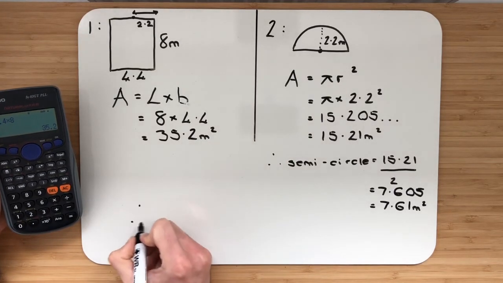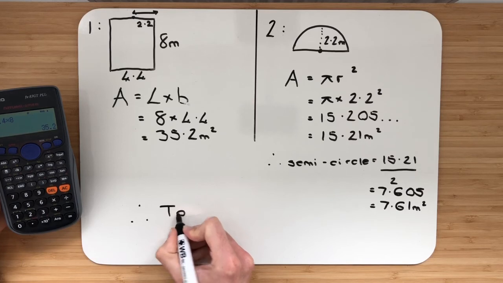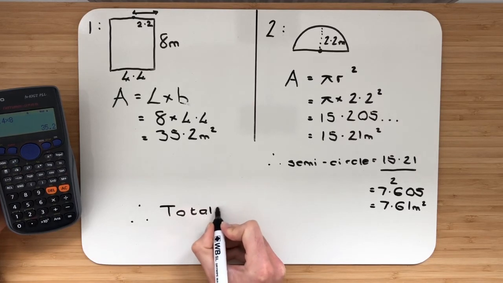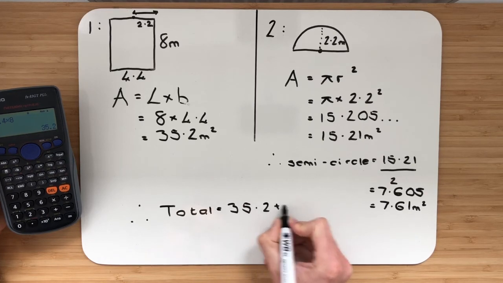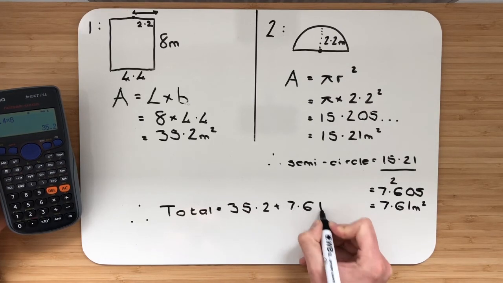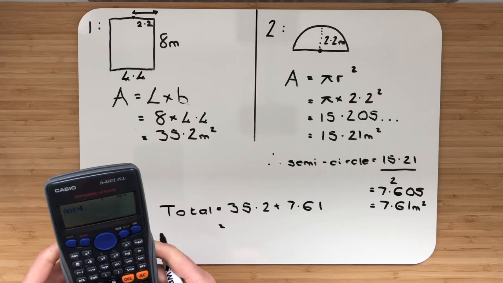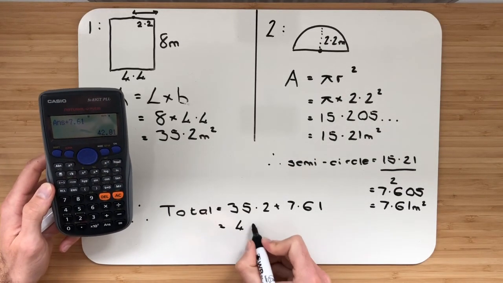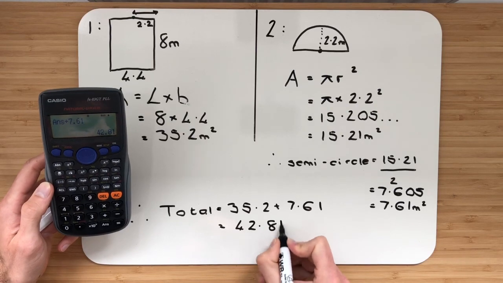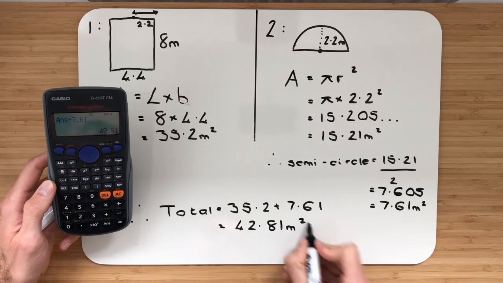So therefore, total will be 35.2, adding 7.61, and we should see we get an answer of 42.81 square metres.